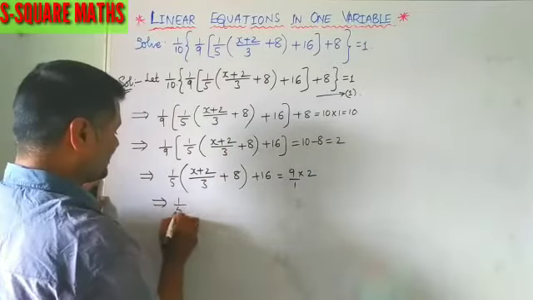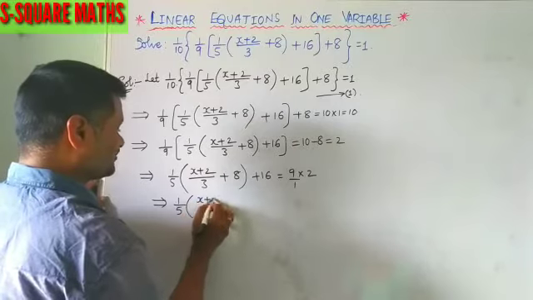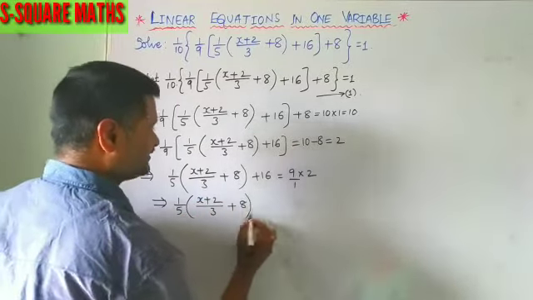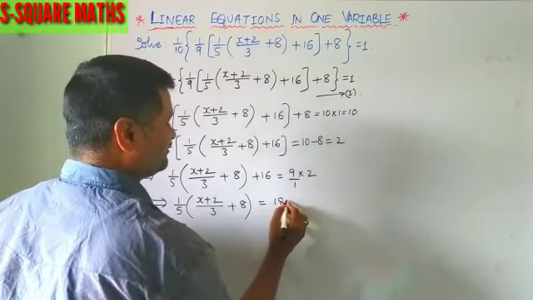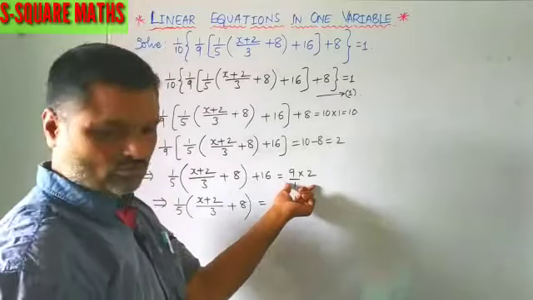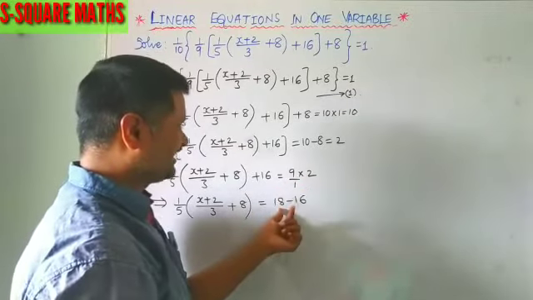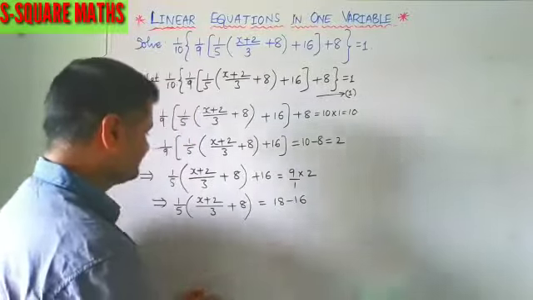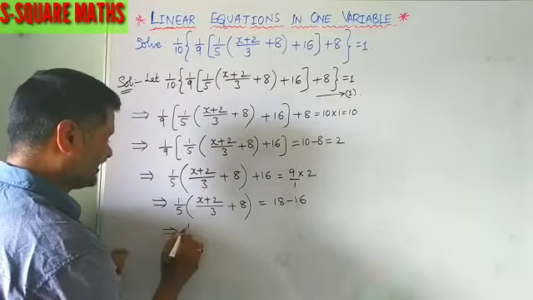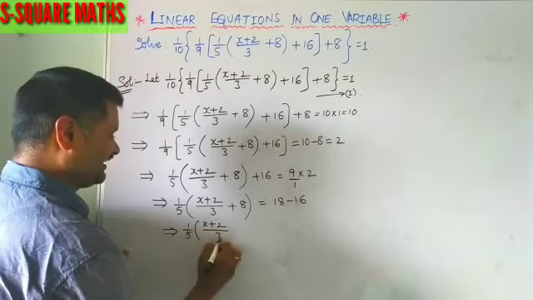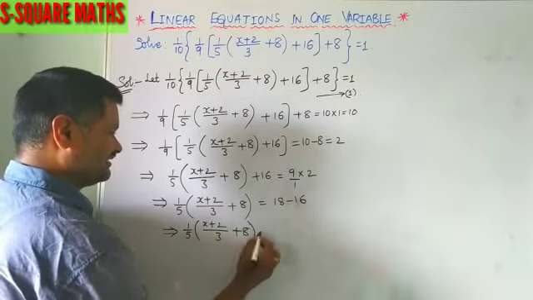So 1 by 5 of x plus 2 by 3 plus 8 is equal to 18 minus 16, because plus 16 transposed to that side means minus 16. So again 1 by 5 of x plus 2 by 3 plus 8 is equal to 2.